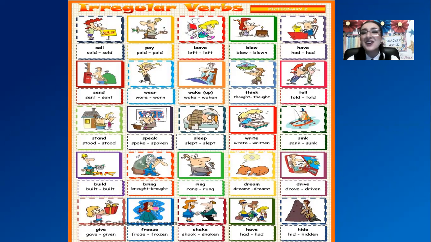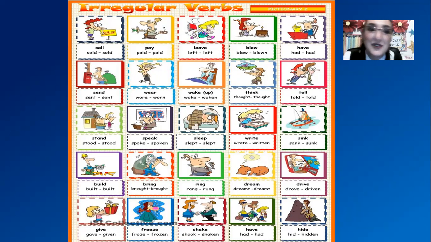Look at this. You also have here the verbs and the drawing. Sell, sold, sold. Pay, paid, paid. Forget about whether it is going to finish with it, with to, or with the. Now, those were the regular verbs that end with ed.